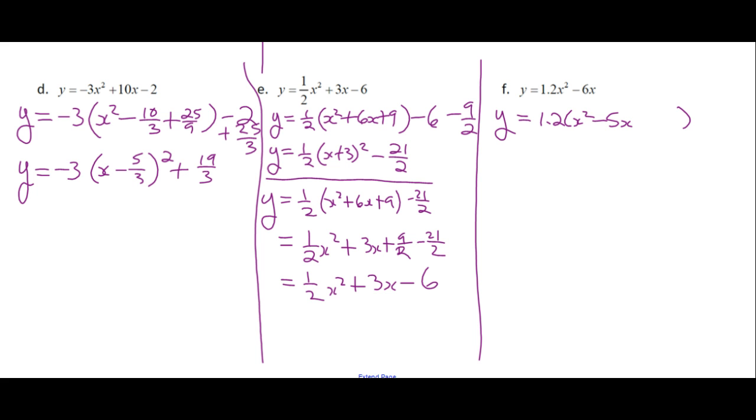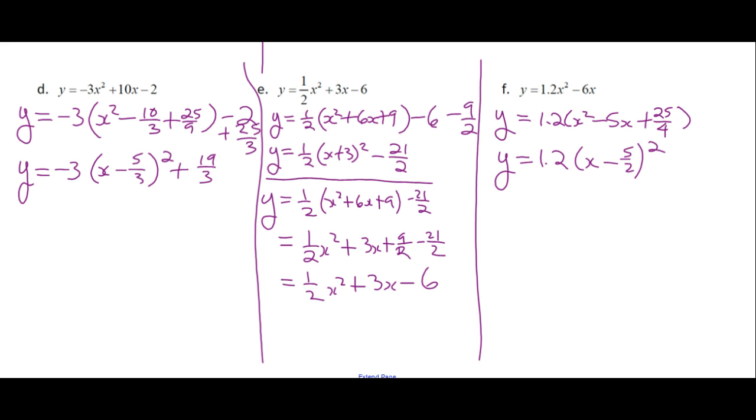All right, so we need 1.2 times x minus what? 5 halves squared, right? Half the middle term. What's the square of 5 halves? 25 over 4, and we're done, right?